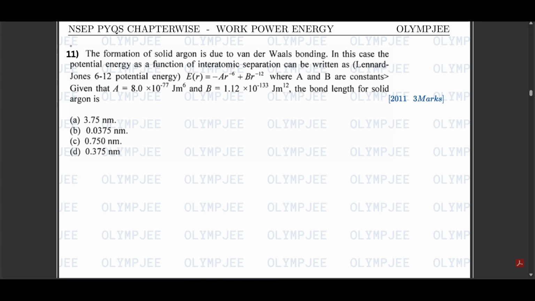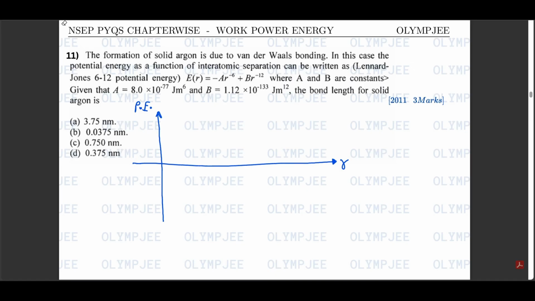This is a nice question which requires a bit of knowledge from chemistry. The potential energy as a function of r is something like this. The interatomic separation is on the x-axis and potential energy is on the y-axis.